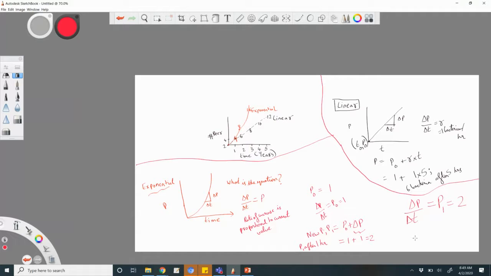So now your new population p2 is p1 plus delta p, and delta p is 2. So that's just 4, right?